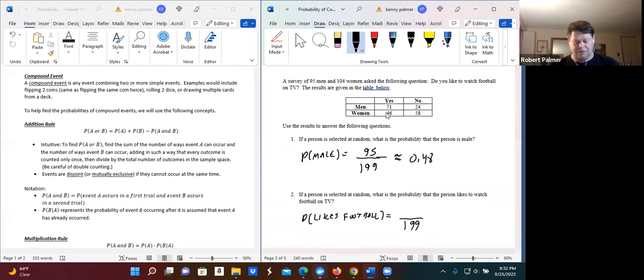Right, 117. So the yes column, add both these numbers up: 117 over 199. If I divide that, it's approximately 0.59, about 59%.